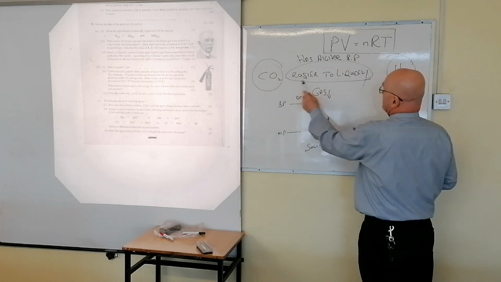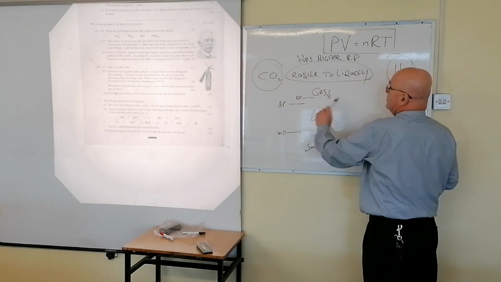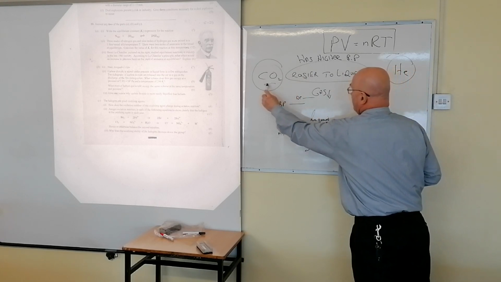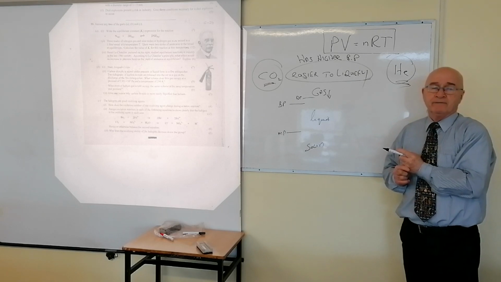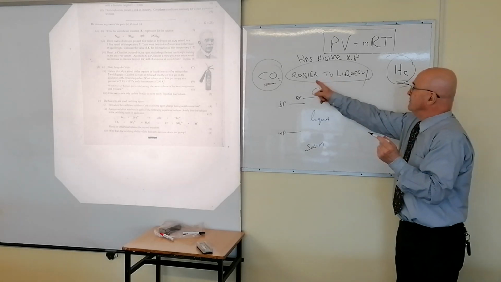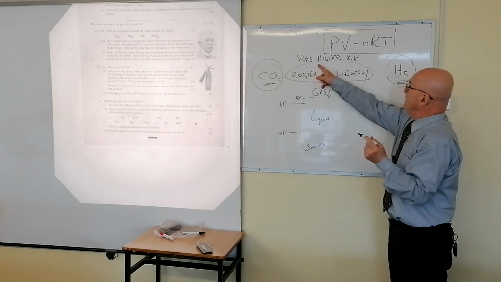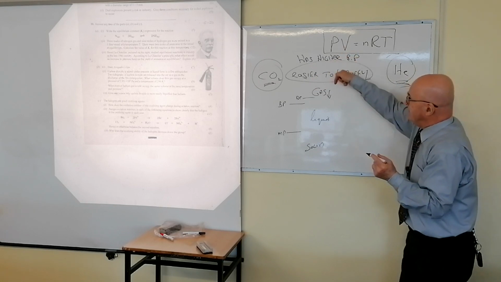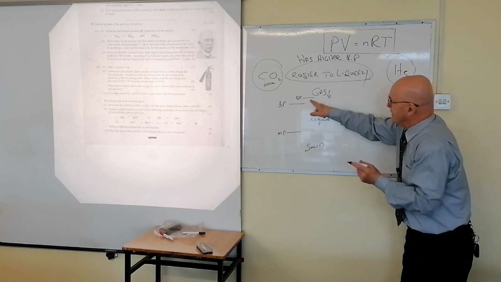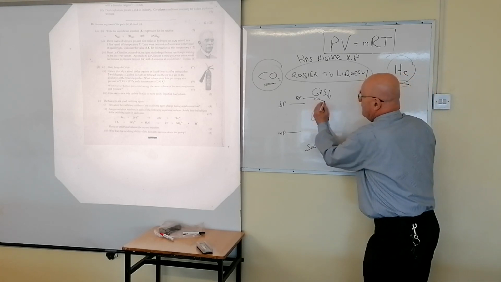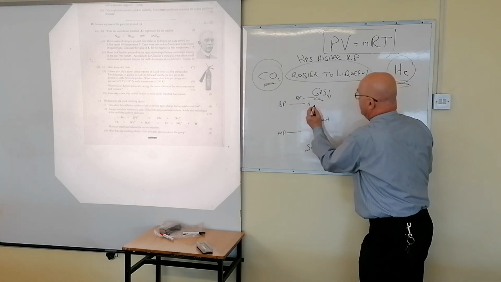This one has a higher boiling point, so the bonds between those molecules must be stronger than the bonds between those. Again, easier to liquefy means it has a higher boiling point. You're dropping the temperature to liquefy it, and you'll hit the boiling point of carbon dioxide before you'll hit the boiling point of helium.